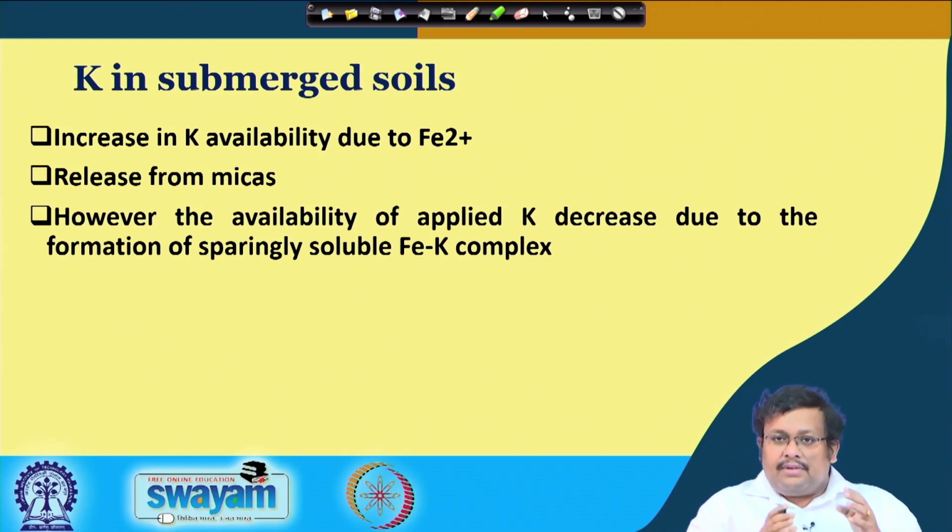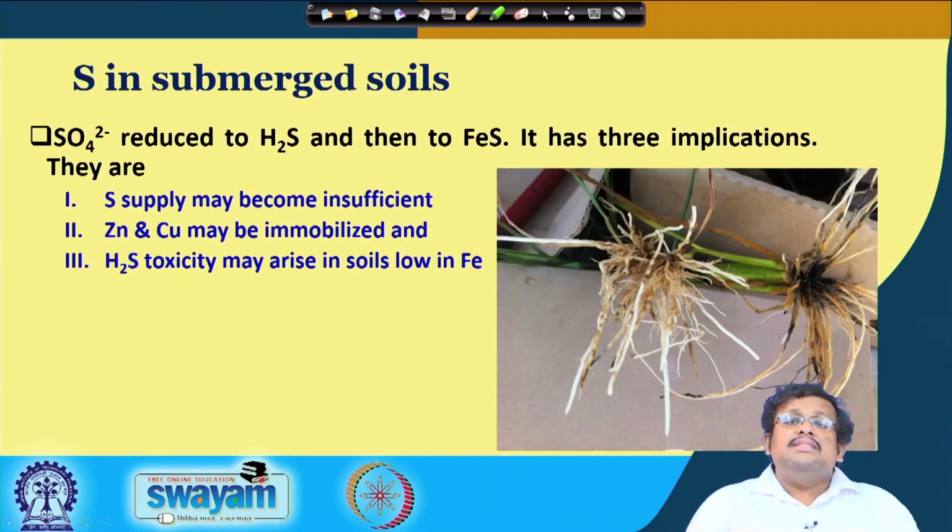So, mostly the potassium availability in the submerged soil increases. However, in some cases where there is a formation of sparingly soluble iron potassium complexes, the availability of applied potassium decreases.